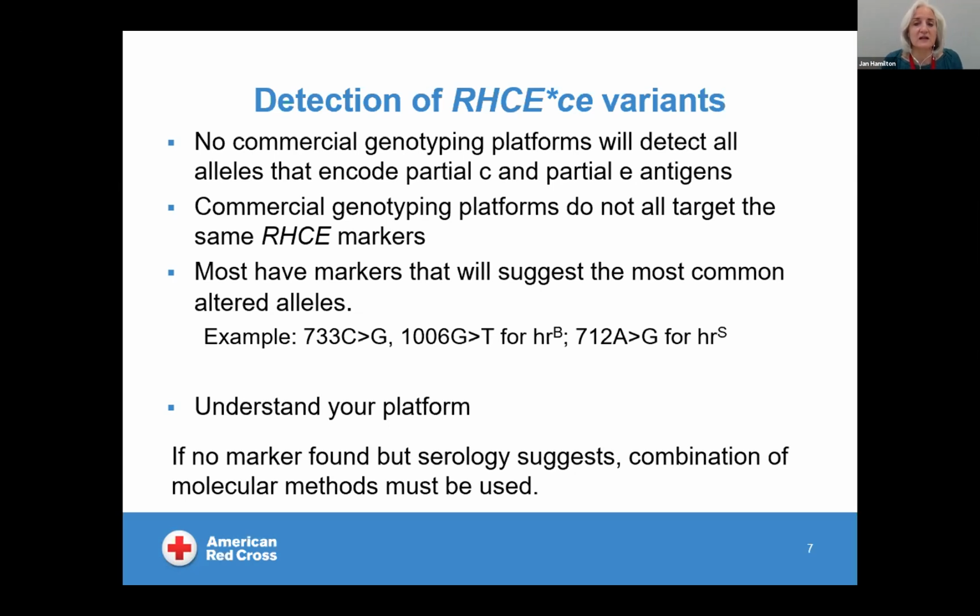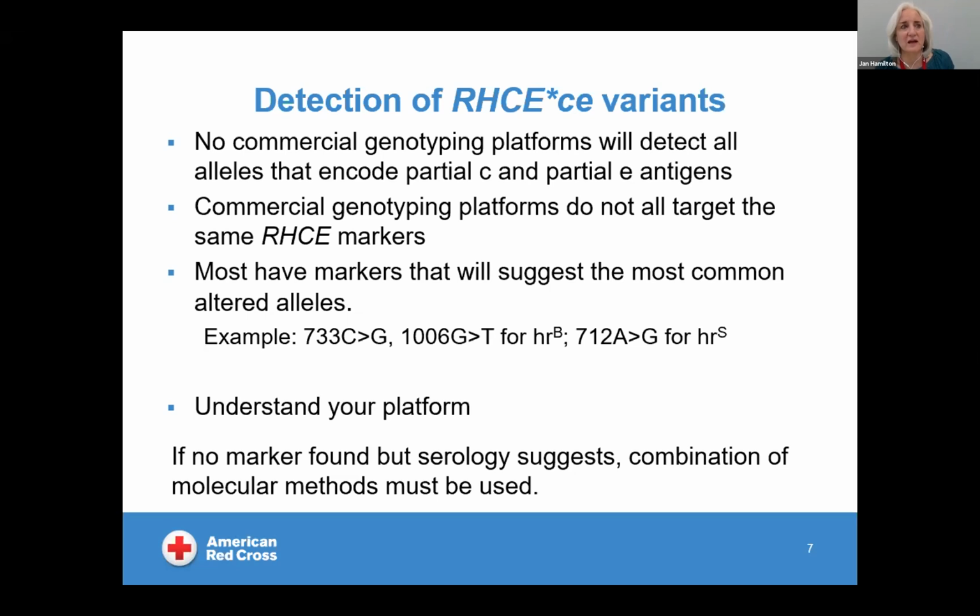Most of them have markers that suggest the most common altered alleles, and these again are ones that are found in the African Black population in the U.S. For example, the 733 SNP variant, the 1006 SNP variant, that may indicate a patient is HRB negative, or the 712 variant that might indicate an HRS negative person. So it's important, if you're using these commercial HEA platforms, that you understand how the manufacturers have designed them, what they're looking for, and how they are using these markers to potentially detect these individuals with variant alleles.